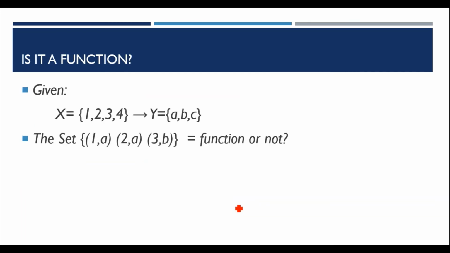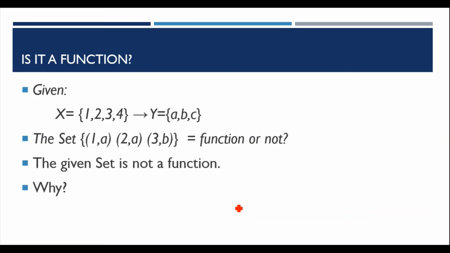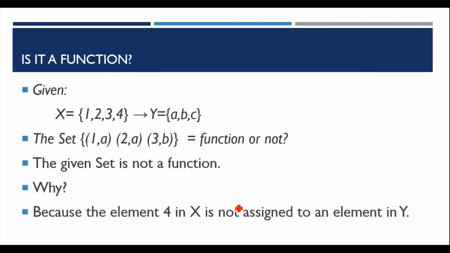Okay, so take note that the given set is not a function. So why is it not a function? Because the element 4 in set X is not assigned to any element in set Y. Okay, take a look at this.